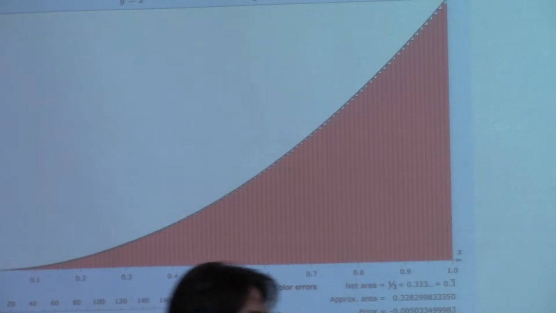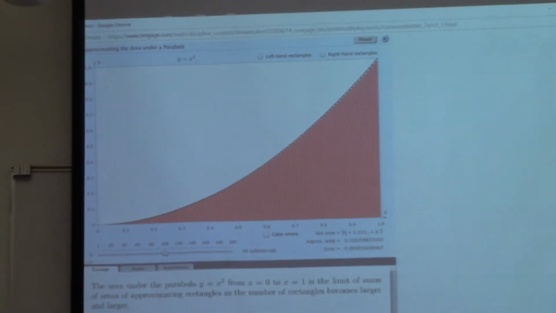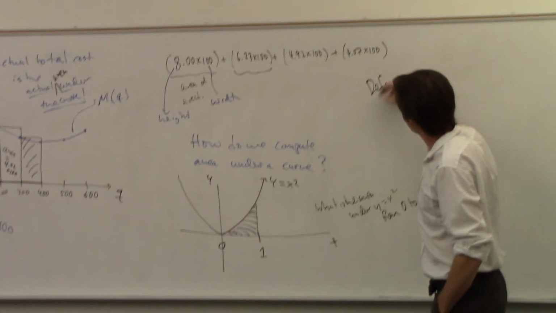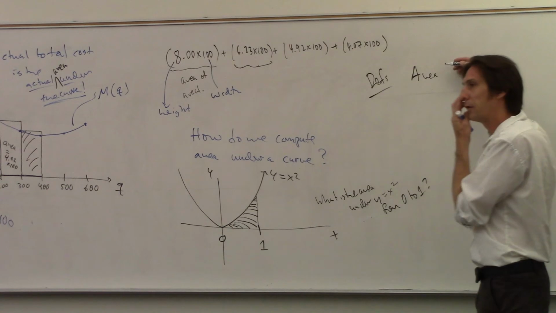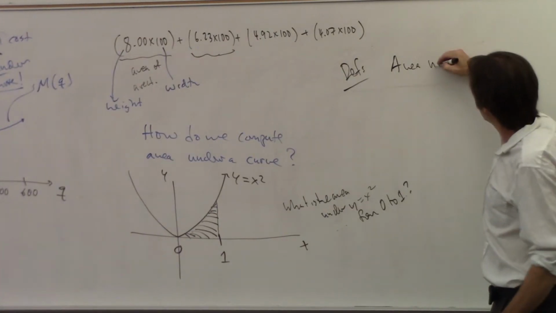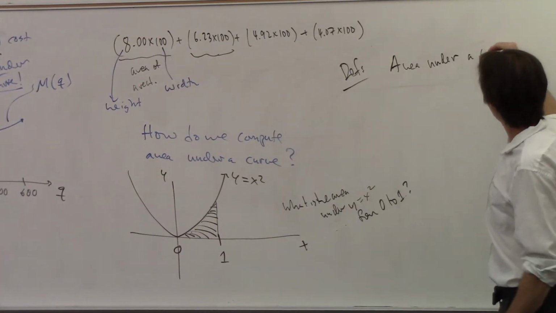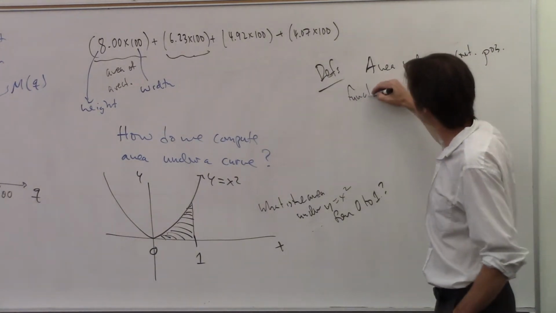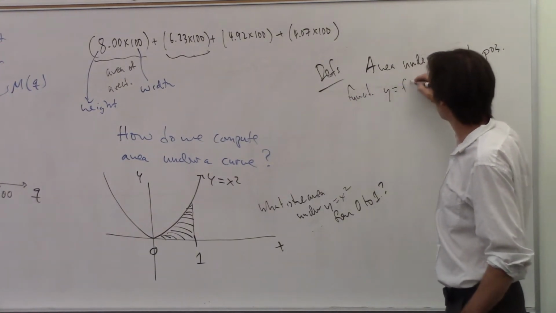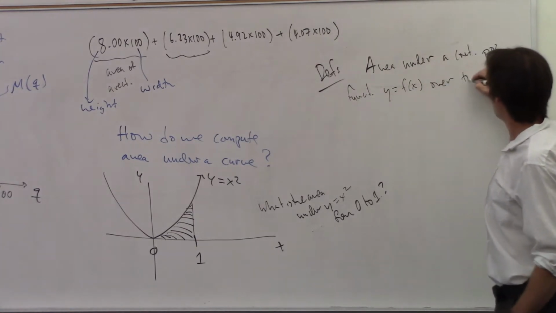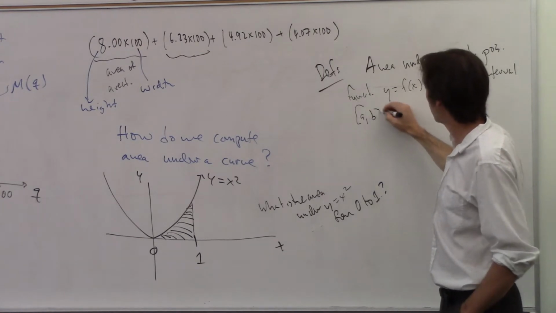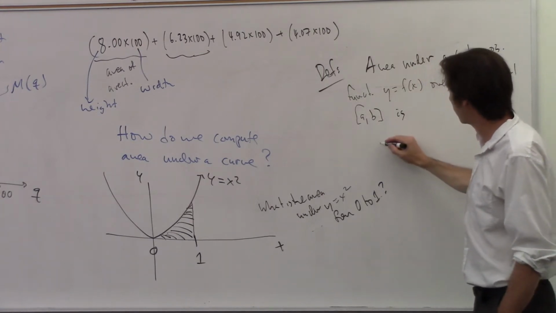So this observation leads us to a definition of area. The definition is in your book, and this is the rough idea behind it. The area under a continuous positive function, y equals f of x, over the closed interval [a, b], is the following.